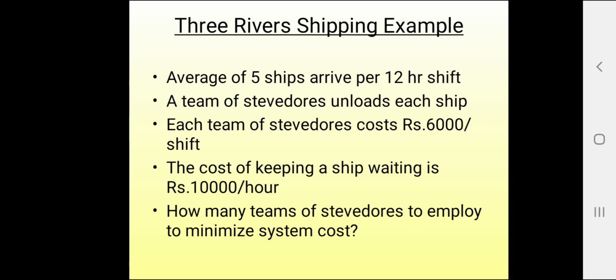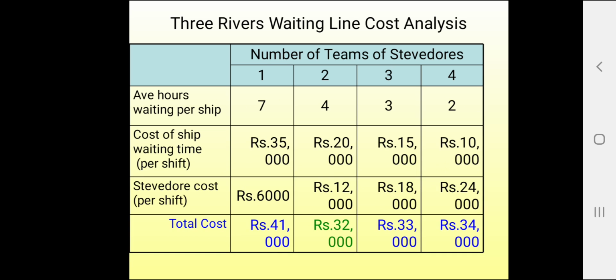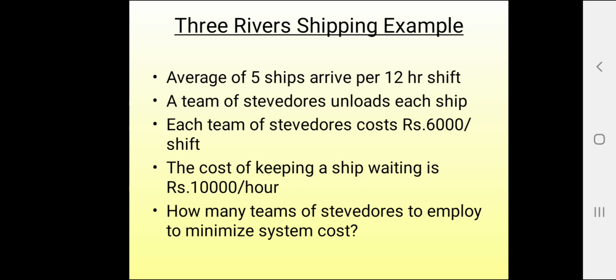So here, just wait. Here there is a printing mistake. You take here 5,000 rupees. You consider 5,000 rupees per hour. This cost is 5,000 rupees.